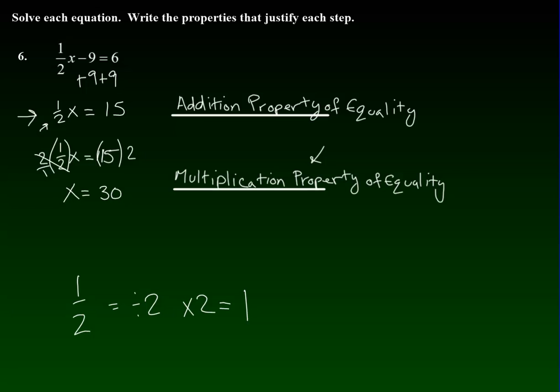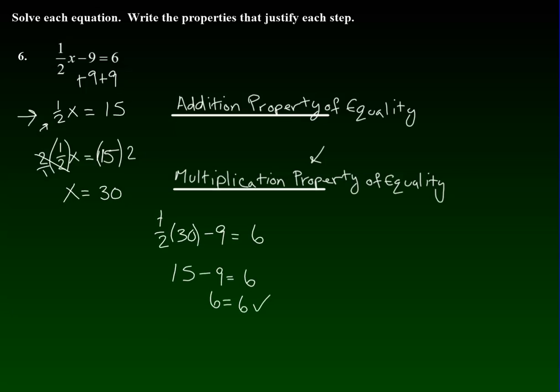And with that, we get x equals 30. And we can check our answer. And you can see that it works out. And with that, that's how we solve equations and write properties that justify each step.